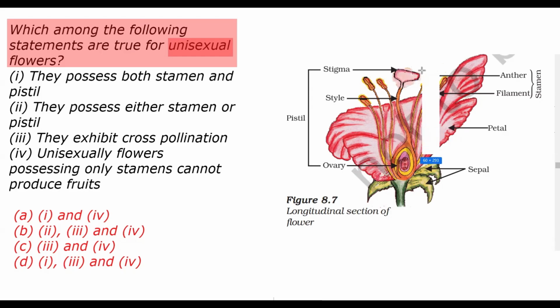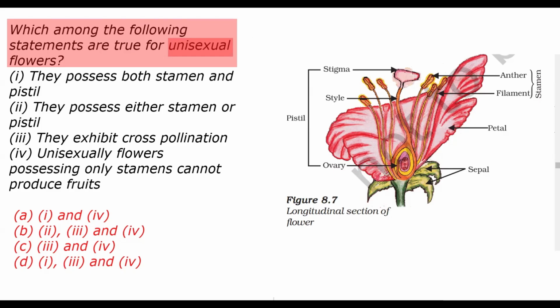Or conversely, only the pistil, also known as carpel, is present and the stamen is not. So unisexual flowers have either carpel or stamen, not both. And bisexual flowers have both. In the diagram, I have taken a bisexual flower.